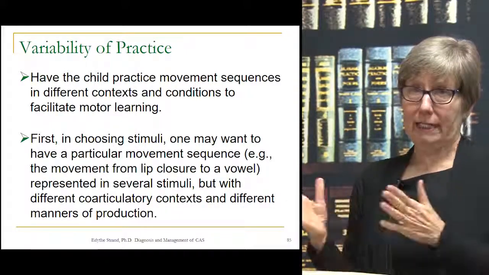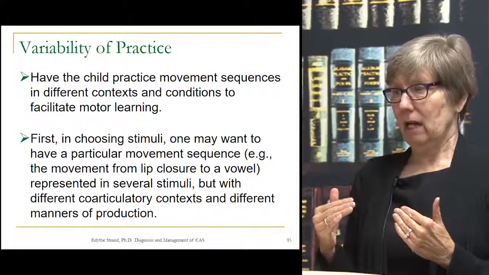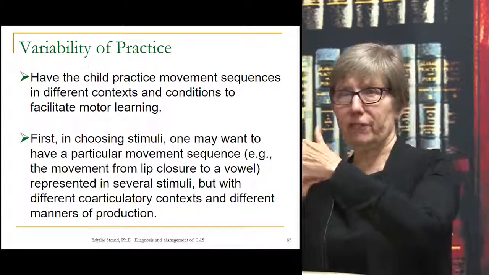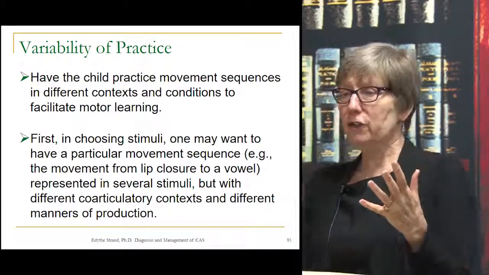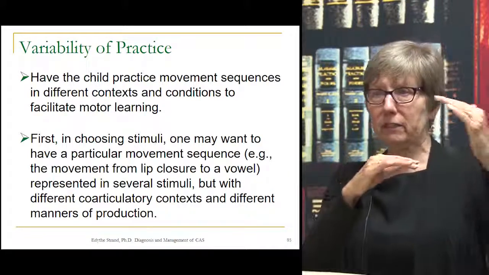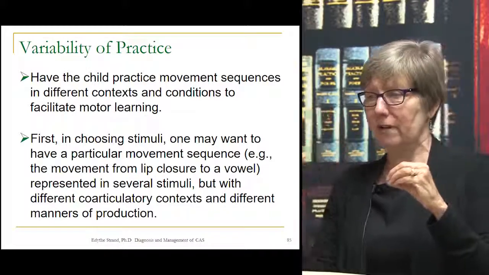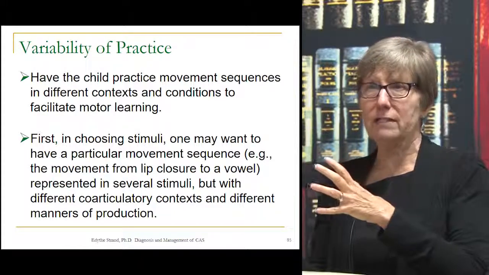One, we'll talk about again later, has to do with varying movement sequences in different contexts. So it's how you choose your stimuli, basically. You may choose stimuli for a particular movement sequence, maybe movement from lip closure to an open vowel, but you want to do it in a couple of different co-articulatory contexts.